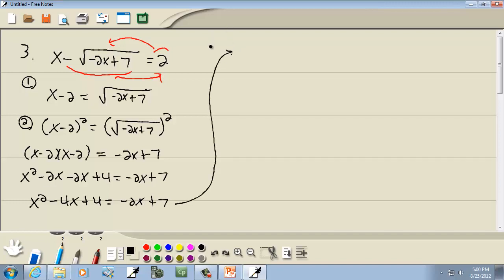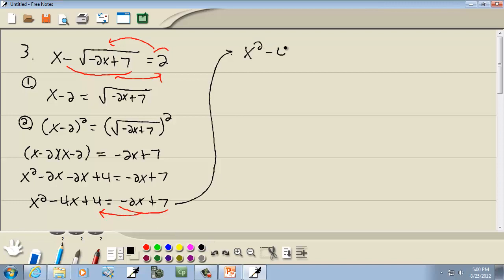Well, step 3. If more radicals, go back to step number 1. We don't have any more radicals. Step 4, solve for x. Well, this is a quadratic, which means we want to get everything over one side and 0 on the other. And we'd like the x squared to have a positive number before it. So I'm going to take the negative 2x plus 7 over to the left side.